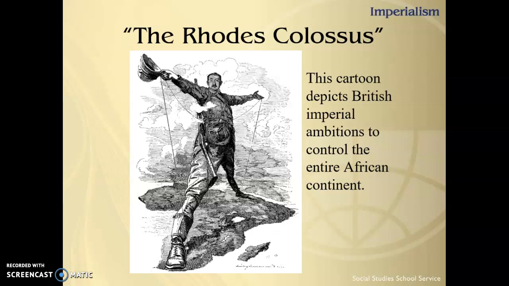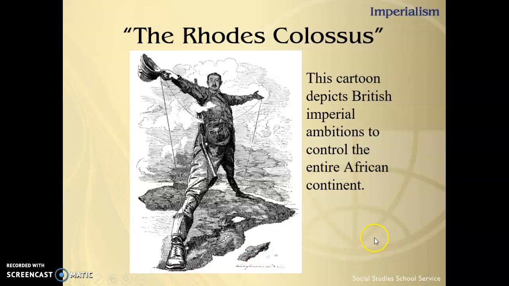And you could see he's holding in his hands railroad tracks because he had this dream of building a railroad in the northern part in Cairo, going all the way down to Cape Town in the southern part. The railroad was never built, but it was this whole idea of controlling territory in Africa.